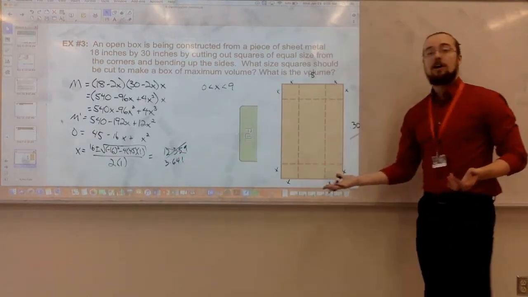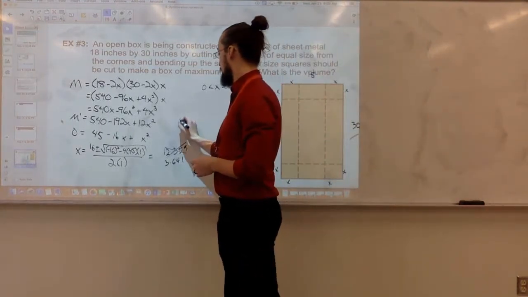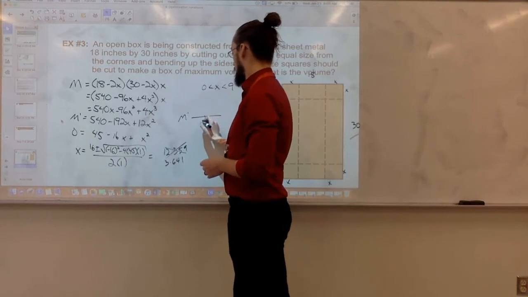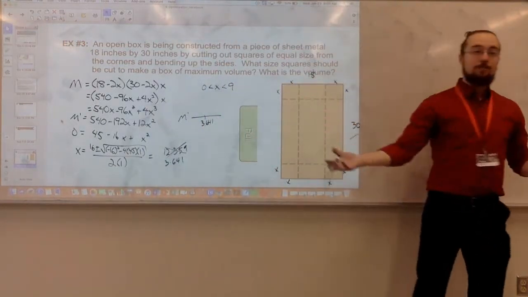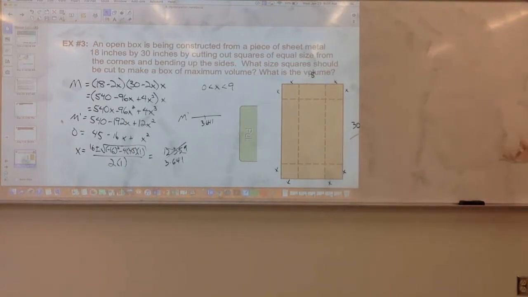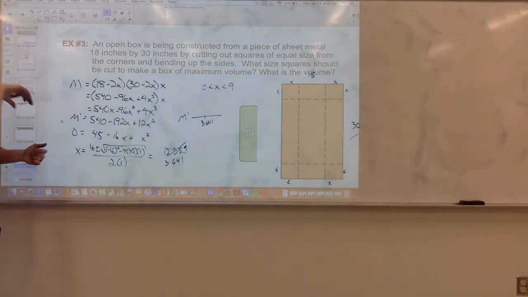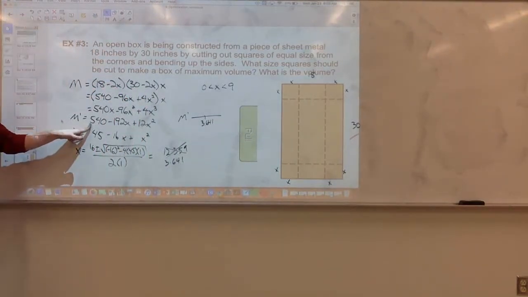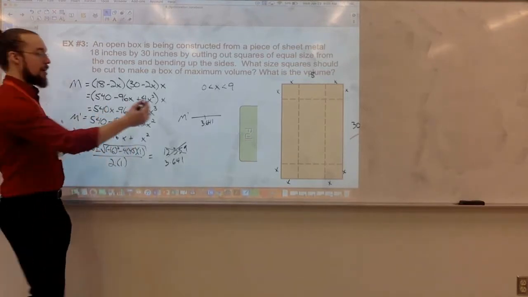So let's put this value on a sign chart and see if we get a maximum. Let's test a value less than that. Say 1. If I plug 1 into my derivative, I'll get 540 minus 192 plus 12. It's going to be positive.